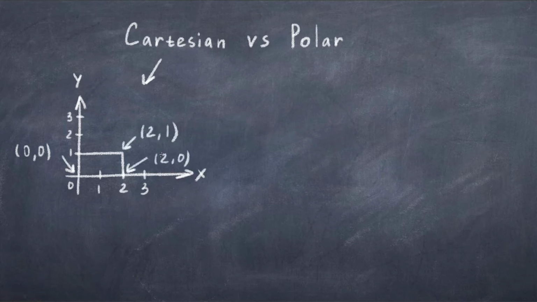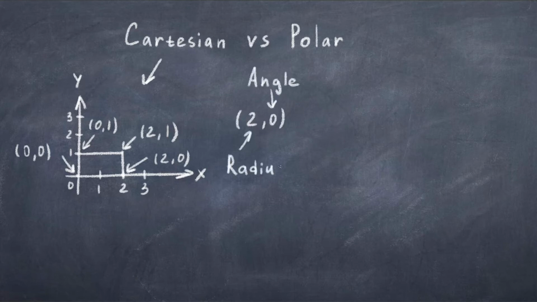Then a line between the points will give you the rectangle. In conclusion, Cartesian coordinates work well for objects which are made from straight lines. This immediately leads to the question, what to do if you want to draw circles?